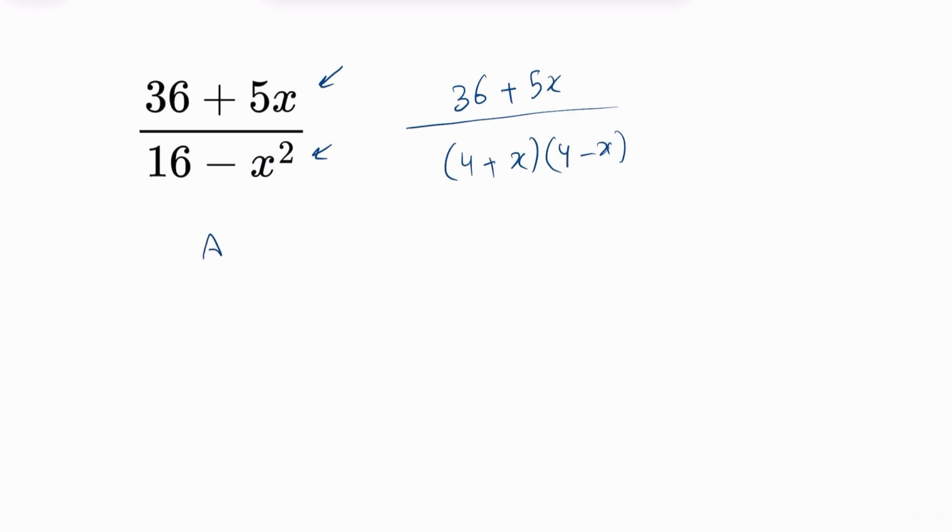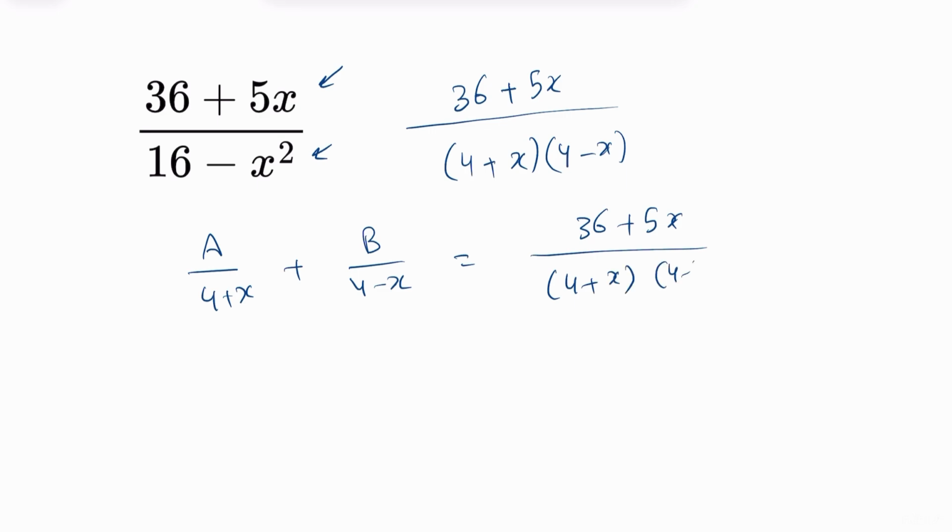The first fraction we let a over 4 plus x plus b over 4 minus x, which equals our rational fraction 36 plus 5x over 4 plus x, and here 4 minus x. And the same idea, to get rid of the denominator, we need to multiply both sides by 4 plus x, 4 minus x.